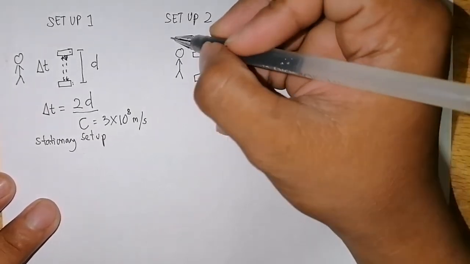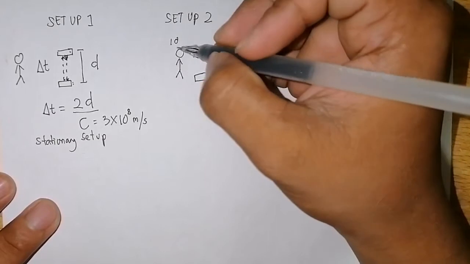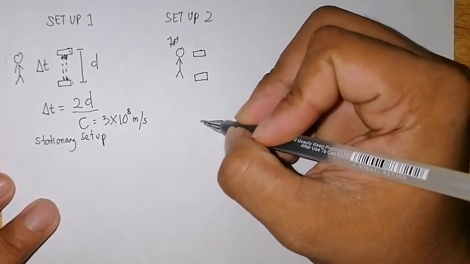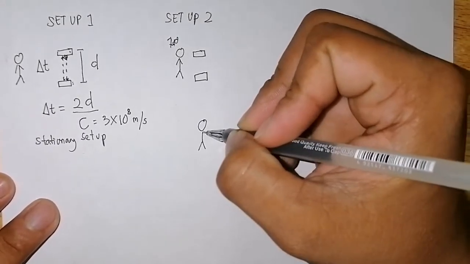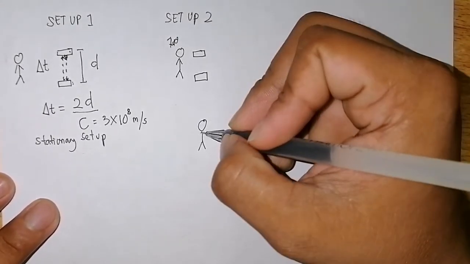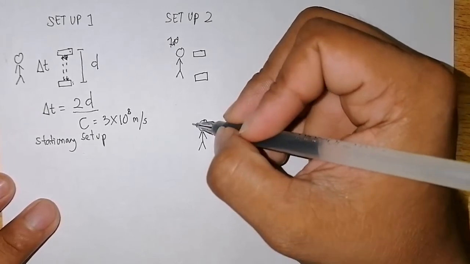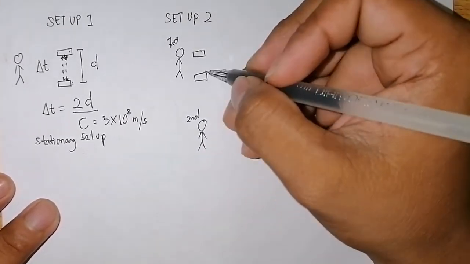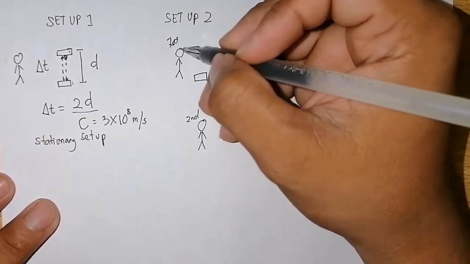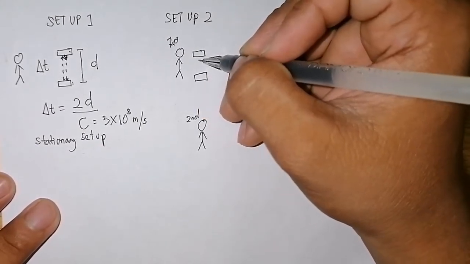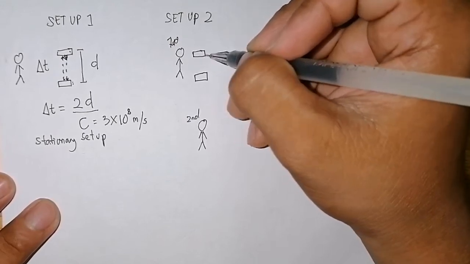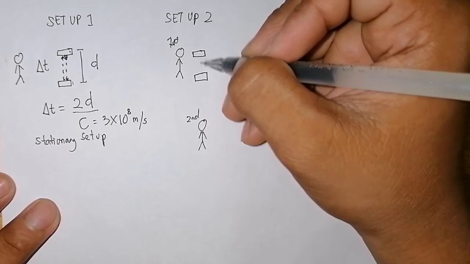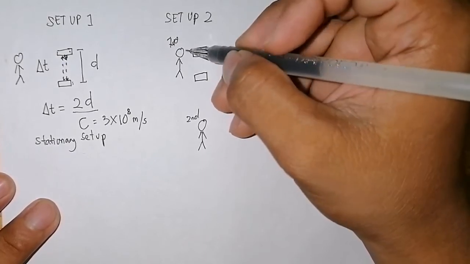So we have the first observer, and we have the second observer. The first observer is observing this equipment of light beam going back and forth, like this.